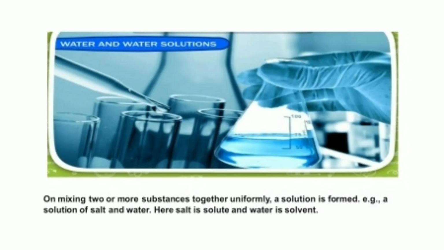Now we will start with a new subtopic for today's class, water and water solutions. On mixing two or more substances together uniformly, a solution is formed. For example, a solution of salt and water. Here, salt is solute and water is solvent.